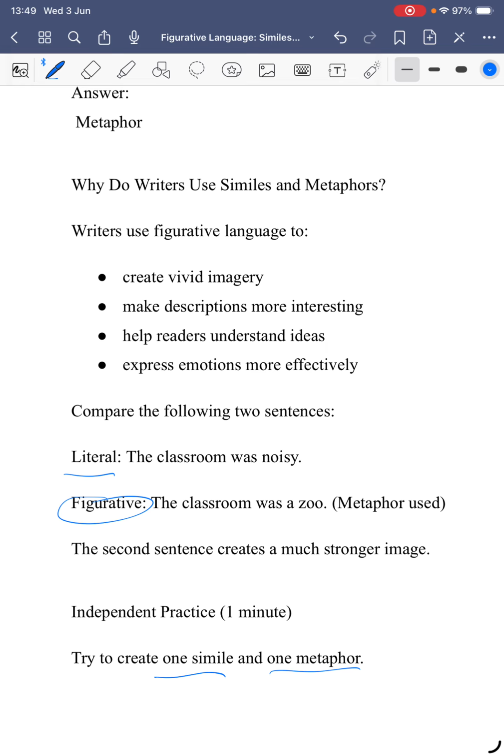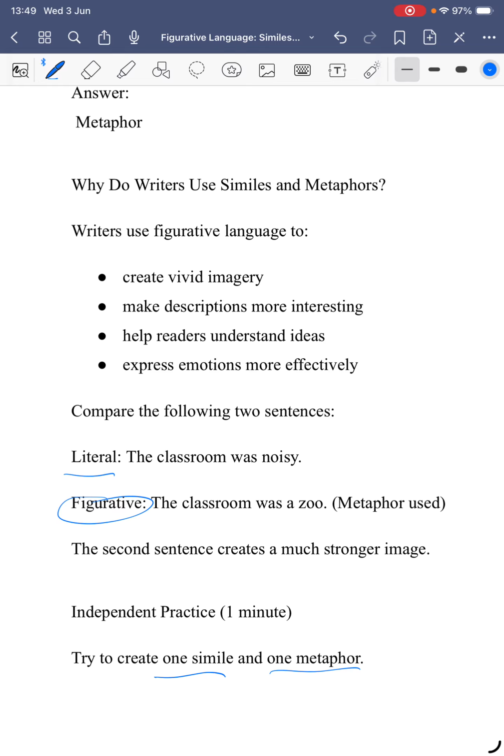And secondly, to make descriptions more interesting, rather than just stating something direct, so that the readers won't be bored. And besides, it helps readers understand ideas, like I said. And last but not least, we're trying to express emotions more effectively.